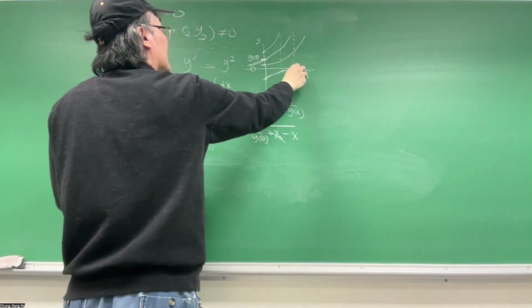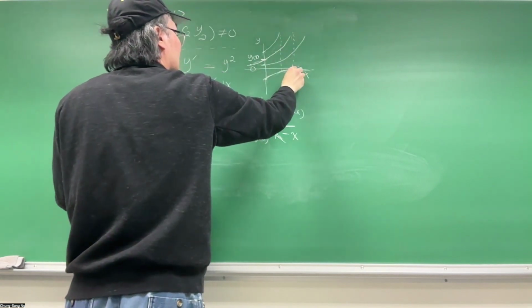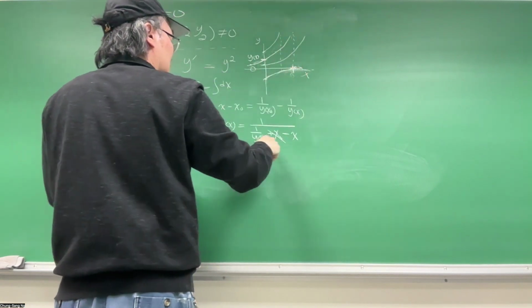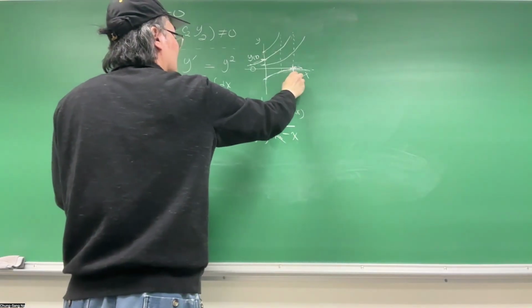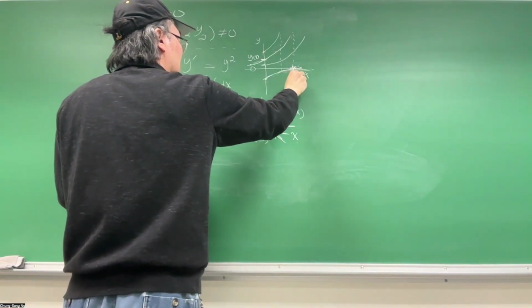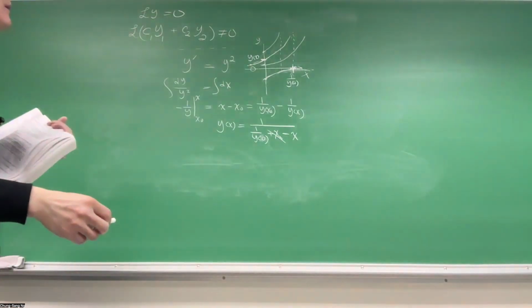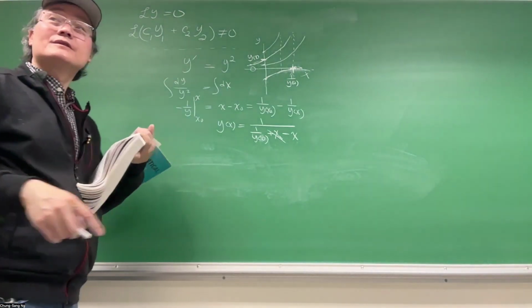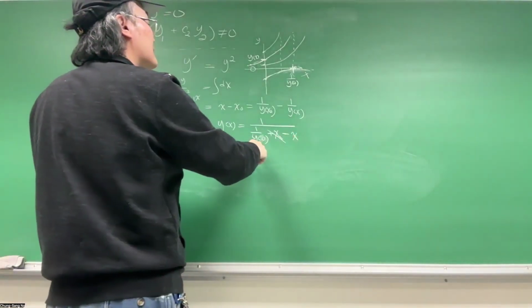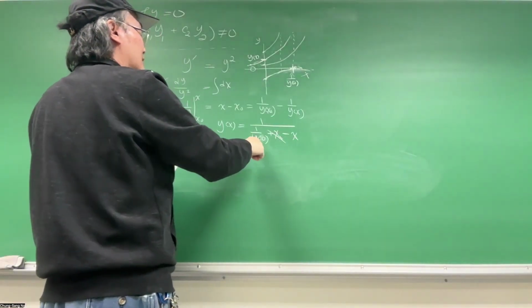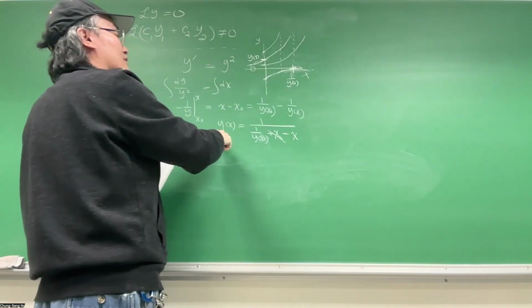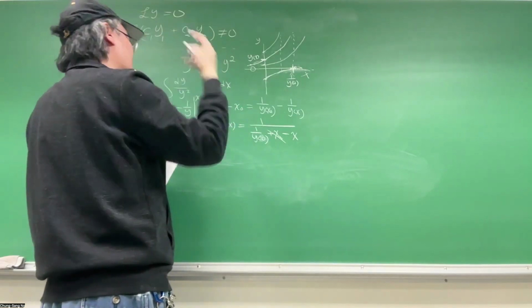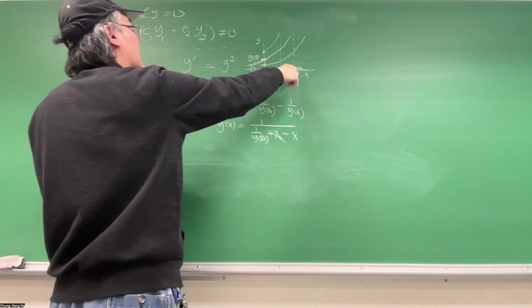And this singular point is when x equals 1 over y0. This is 0. Then y goes to infinity, right?